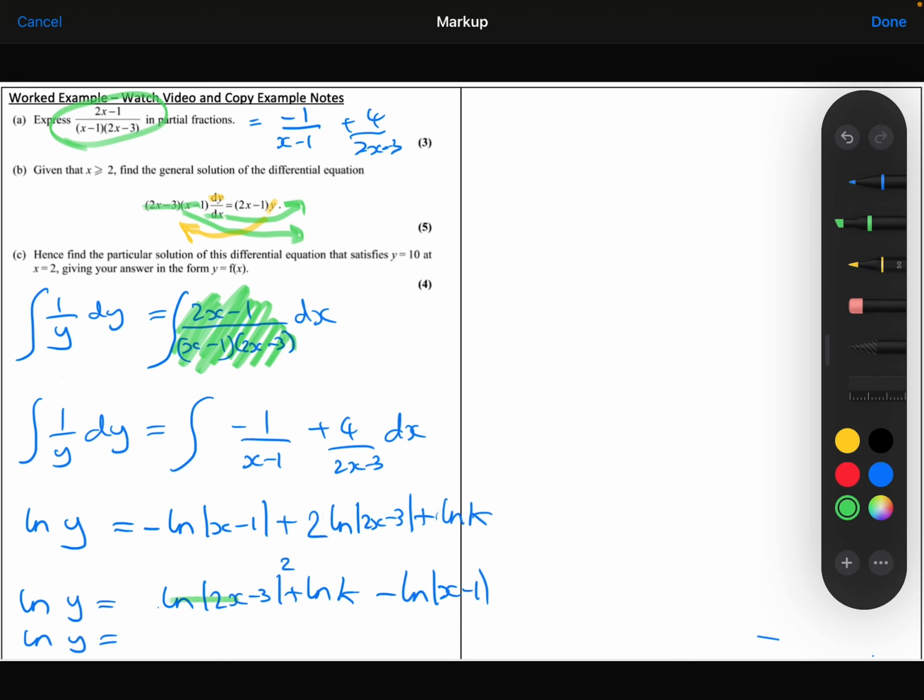So first of all, these two logarithms are being added, so their insides are going to be multiplied. So it'd be ln of k times (2x minus 3) squared. The third logarithm is being subtracted, so I'm going to divide by the x minus 1.